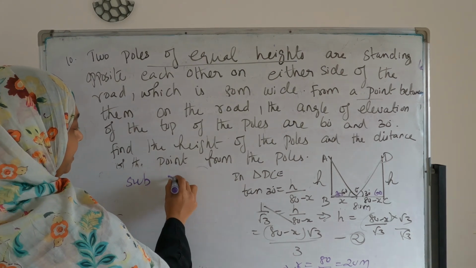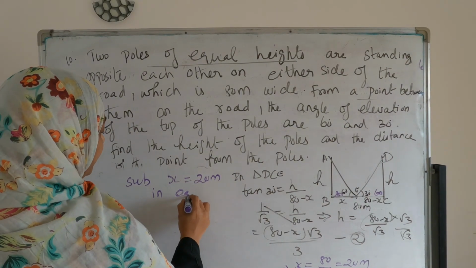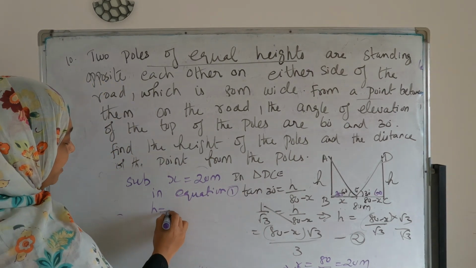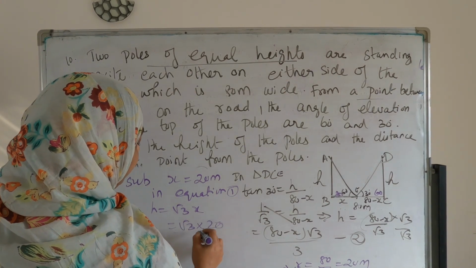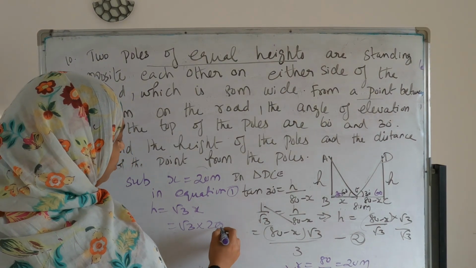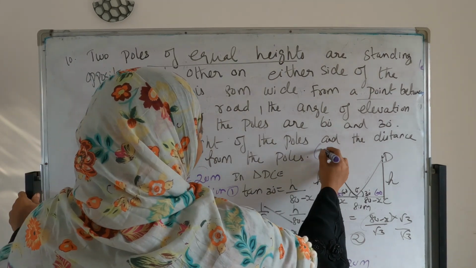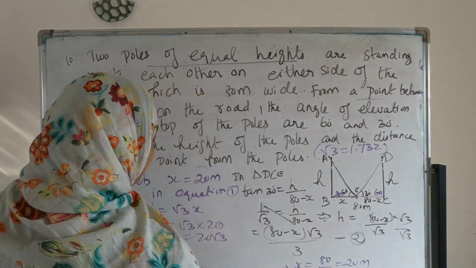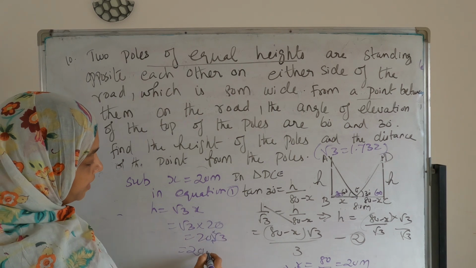Substitute x as 20 meter in equation 1. So there we have root 3x, so root 3 into 20, 20 root 3 meter. In case the sum gives in brackets root 3 is equal to 1.732, then you substitute it, it is multiplication.